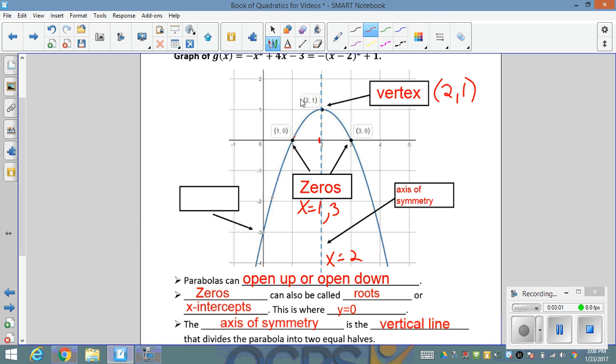And hopefully you can see that that is a maximum value. If you look back to your parent function on page 1, that's going to be a minimum value because it opens up. So it's going to be a minimum value. So that max or min depends on whether it opens up or down.